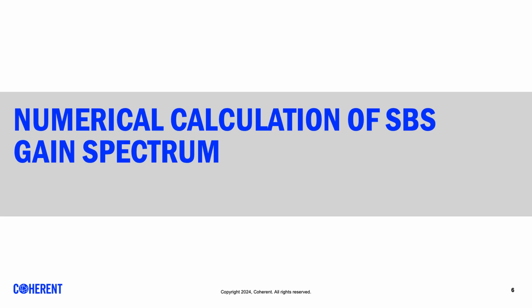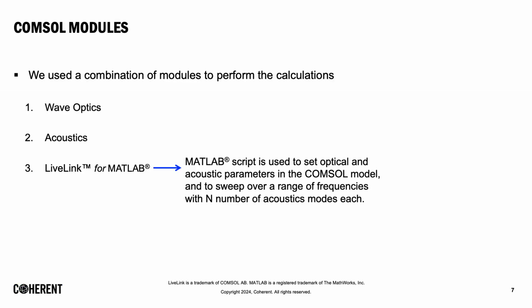I will show you an example here of how to calculate numerically the stimulated Brillouin gain spectrum. First, I would like to mention that we use three different COMSOL modules: Wave Optics, of course, the base one, the multiphysics Wave Optics, the Acoustics, and we also use the LiveLink from MATLAB. Here, we create a MATLAB script, and it's used to set optical and acoustic parameters in the COMSOL model.